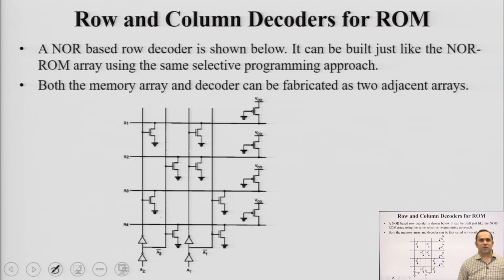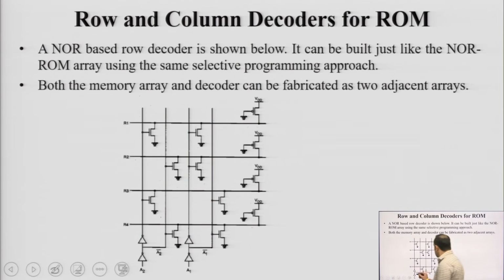How can you implement it? You can implement it simply like a NOR based circuit, and the advantage here is that you can implement the memory itself using a NOR circuit, and you can implement the row decoder also using the NOR based circuit. So, both can be fabricated simultaneously in parallel. If you see this circuit here, A2 is here and A1 is here.